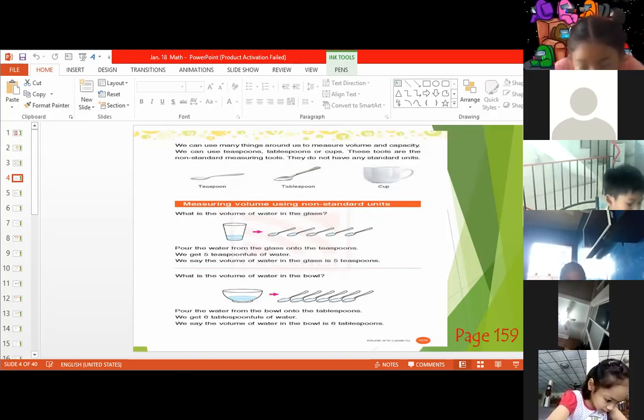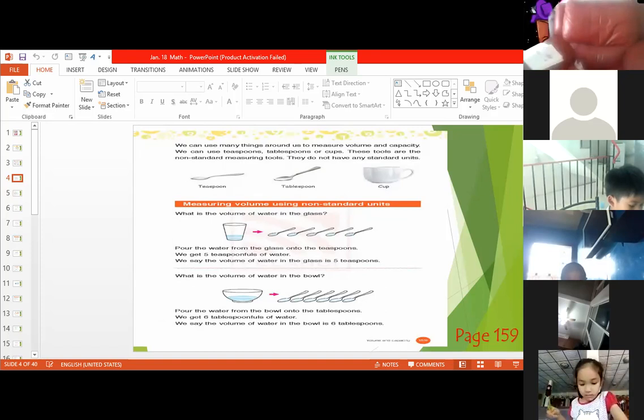Then get a spoon, then measure how many tablespoons are there in your glass. Anyone? Because if we were in school, we would do this one. I would let you do this in an activity. But because you are not here, I want some of you to do it actually in your house.